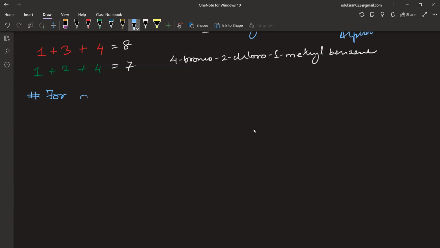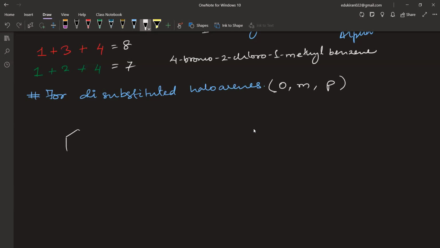For di-substituted haloarenes, we will be using ortho, meta, and para rules. Okay, OMP. Now, in OMP type of nomenclature, you have to identify what are the ortho, meta, and para positions.